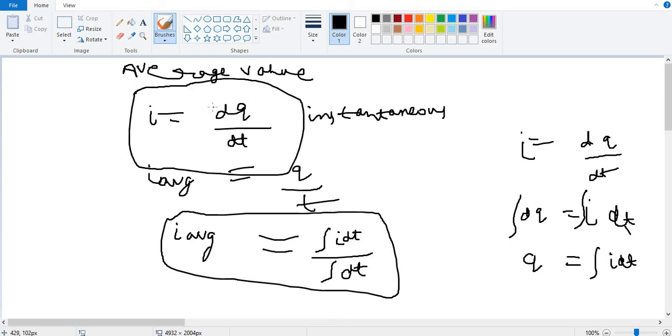So this formula we can use anywhere, but this formula we can use when the quantity or any function depends on time. So I will write when we have to use this formula.